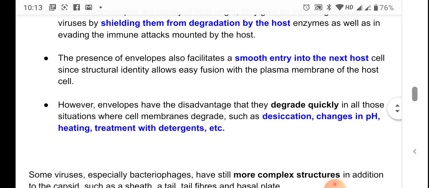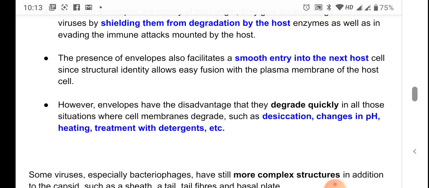But one disadvantage is that they degrade quickly. We know our plasma membranes degrade quickly in situations like desiccation, changes in pH, heating, treatment with detergents, etc. So in such situations, this viral envelope will also degrade, and since it is part of the virus, once the envelope is degraded, the virus cannot gain entry into the host cell.